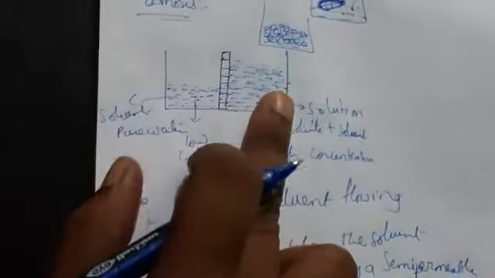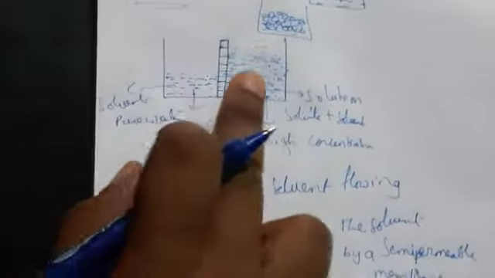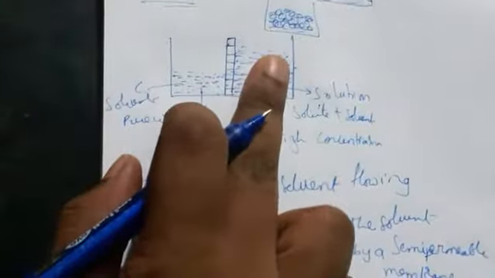It is continually flowing to the solution, meaning the level is increasing in the solution, right?